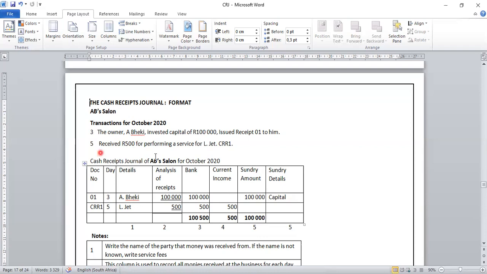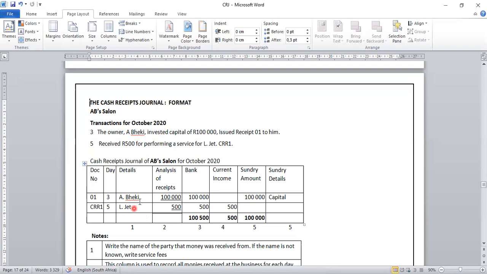Our next transaction, received 500 Rand for performing a service for LJT CRR1. Learners, we know that our source document for service fees is CRR, which is our cash register roll. So our document number will be CRR1, and the day of this transaction is the 5th, and details will be LJT.